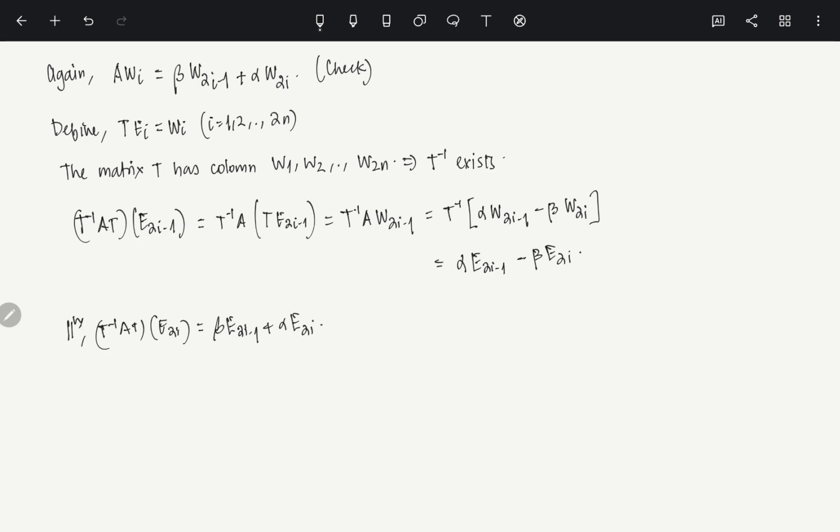So now let's write down what T inverse AT is.